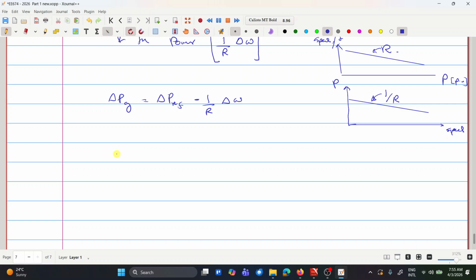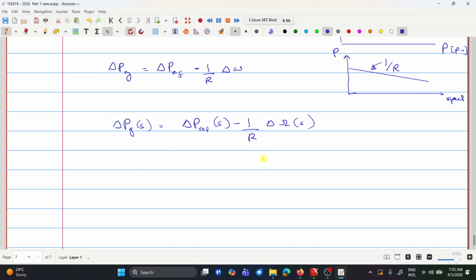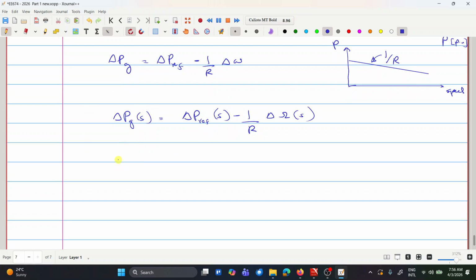So in the Laplace domain, delta Pg(s) is equal to delta P ref(s) minus 1 over R delta omega(s), right? Okay. So this delta Pg command, right?